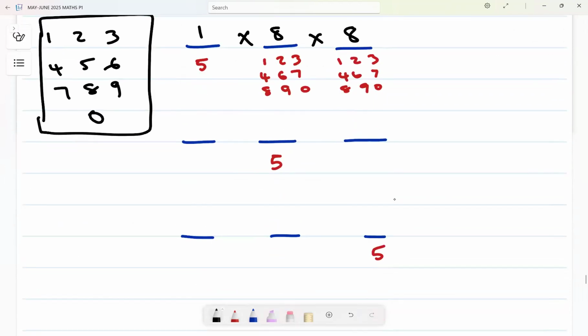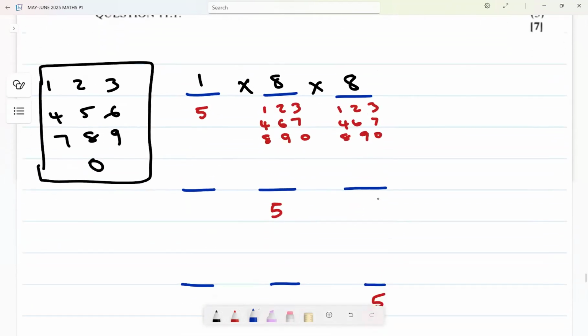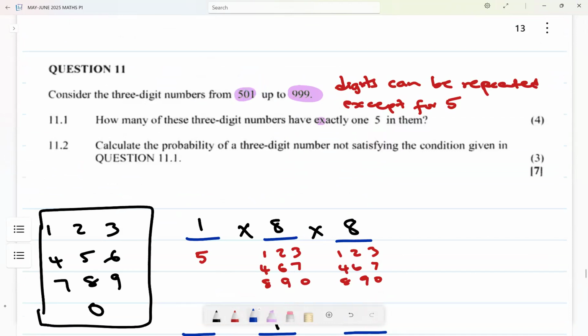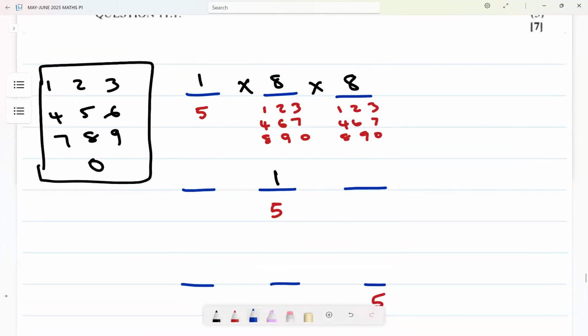Let's consider the second one, fighting for the second position. If this one is only 5, it means it is 1. But on this one, it's very important to look at the restrictions. It starts from 501. So the value here can either be 5, 6, 7, 8, or 9, not 0.